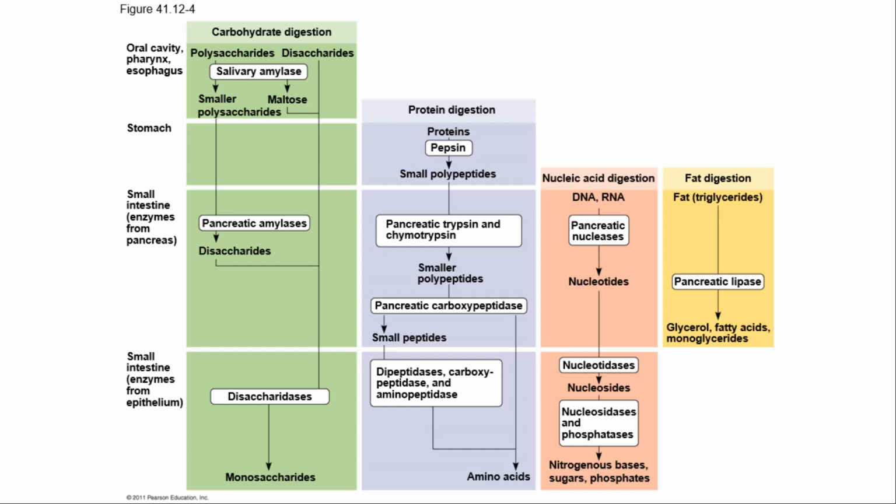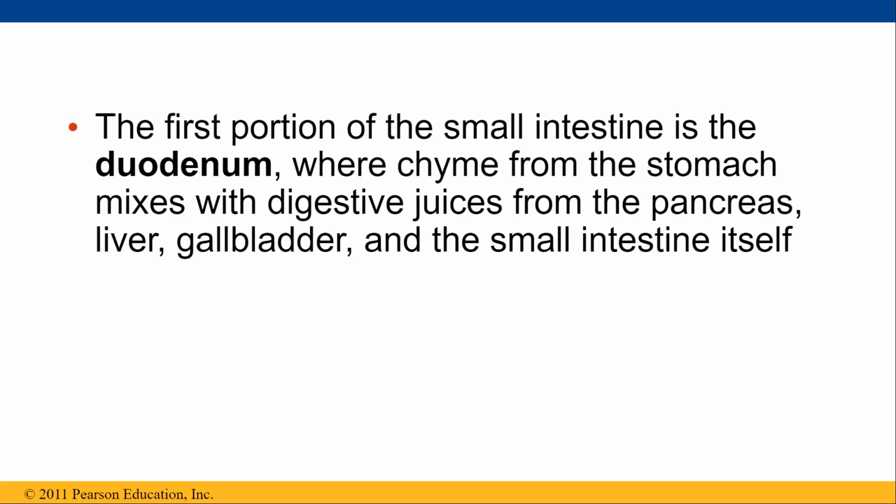And then it gets broken down further as it moves through the stomach and the small intestines. When we look at nucleic acids and fats, that digestion primarily takes place in the small intestines. So different food macromolecules will begin their digestion in different stages of the digestive system. Just tying this into our previous unit where we looked at all of those macromolecules.